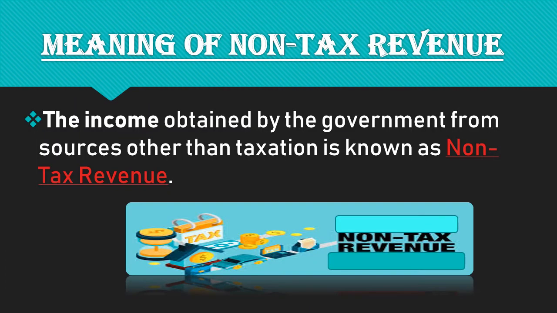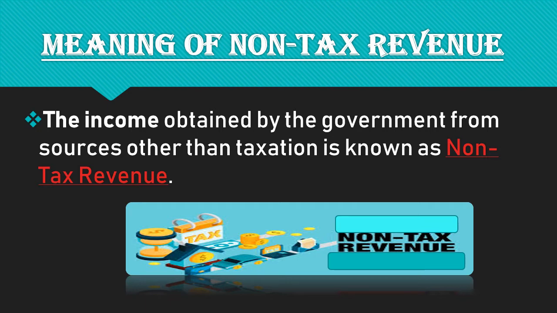So now you understand tax revenue. Basically, the major source of income of the government is tax revenue. But there is another term, that is non-tax revenue. Non-tax receipts or revenue are those receipts which are received from sources other than tax.